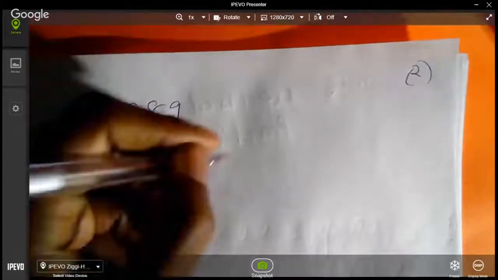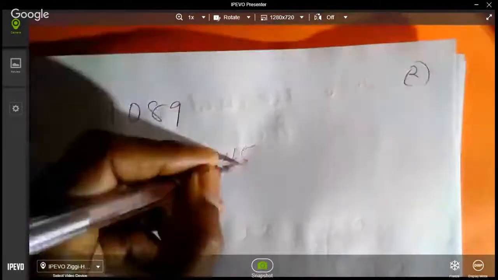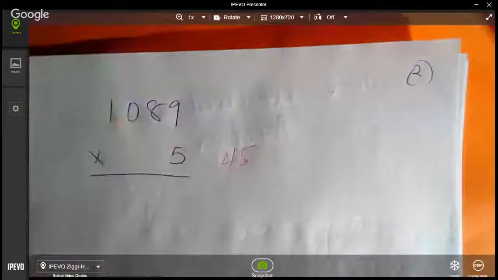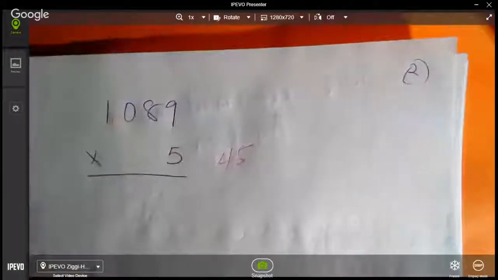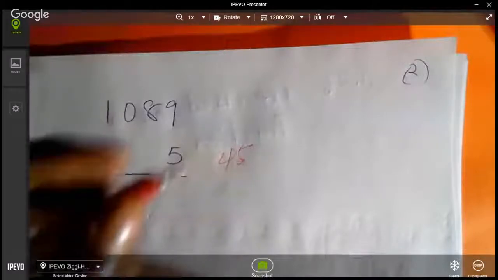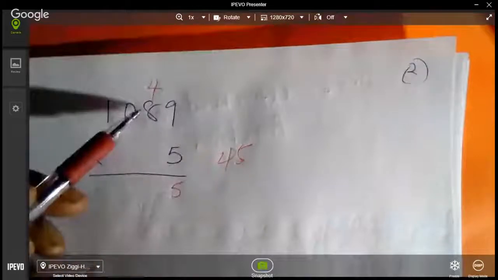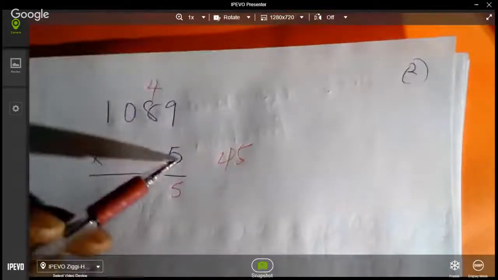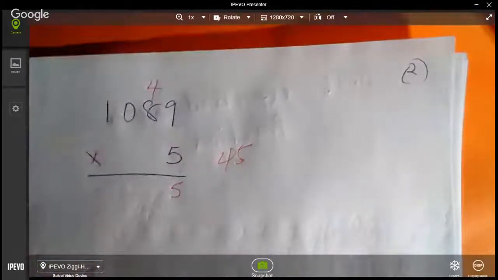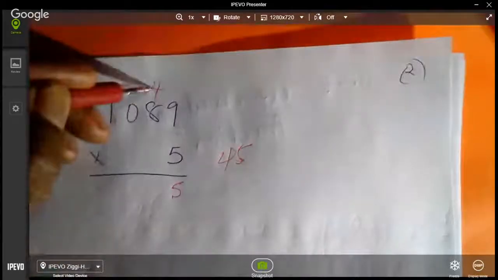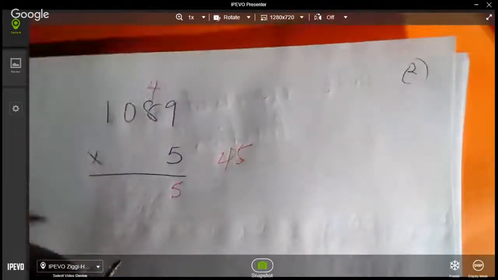Write 45 down. What are we going to put down? No, so we're not putting down all of the 45. Once I put down the 5, I'm doing the first step. 5 carry 4. 5 times 8 is 40, and 4 would give us what? 44.